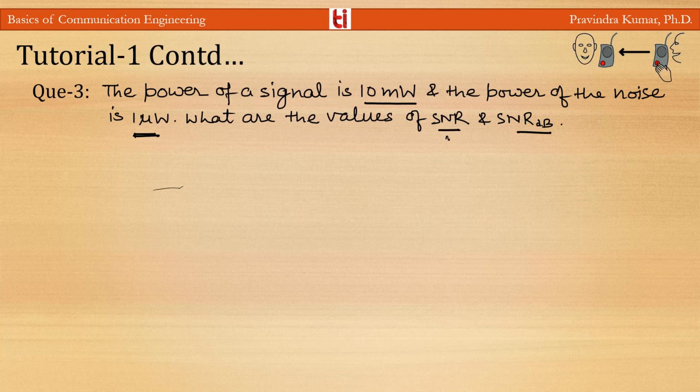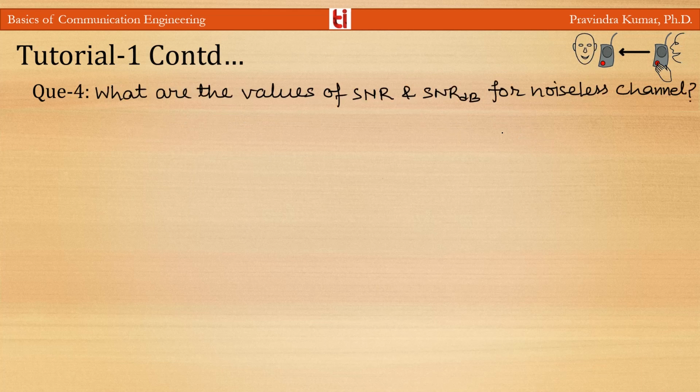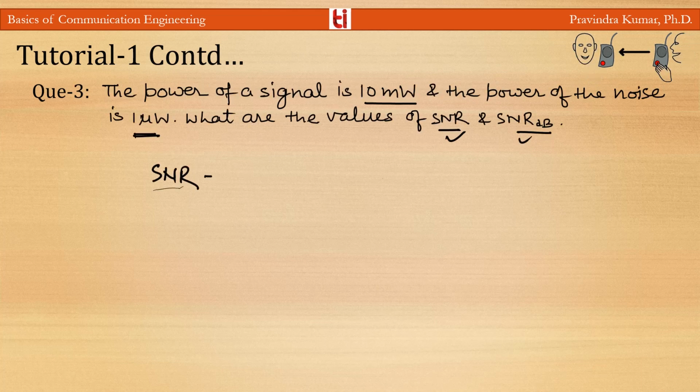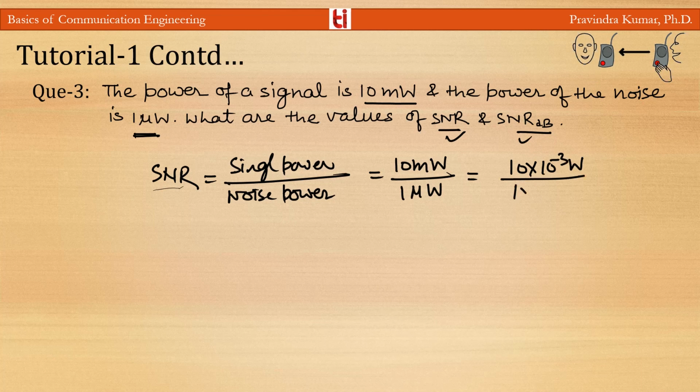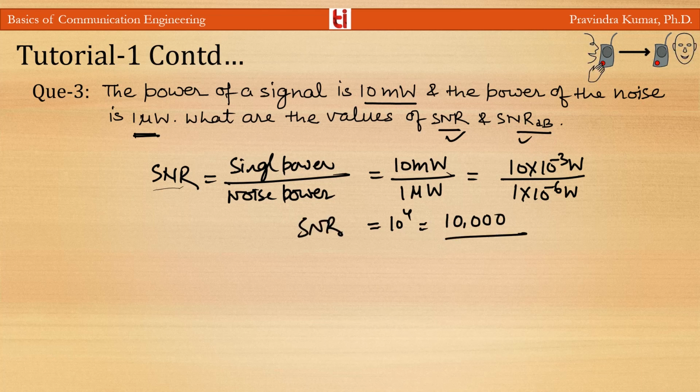Signal to noise ratio, SNR, is signal power to noise power, so 10 milliwatt divided by 1 microwatt, or 10 into 10 to the power minus 3 watt divided by 1 into 10 to the power minus 6, which is 10 to the power 4, or 10,000. This is SNR in normal value.